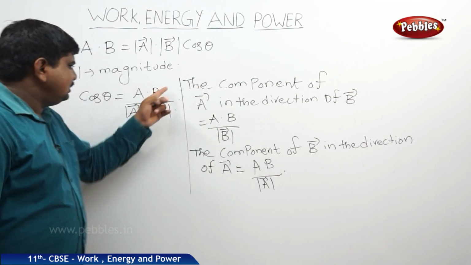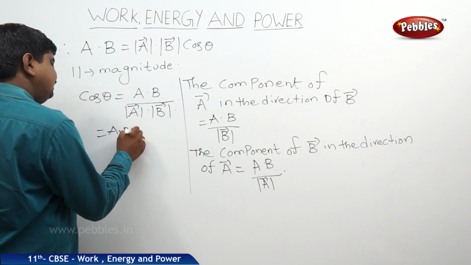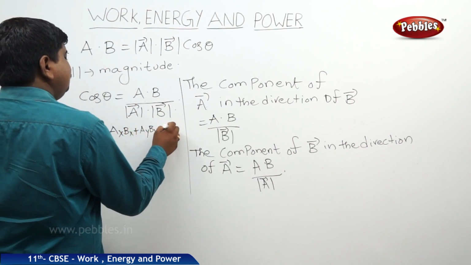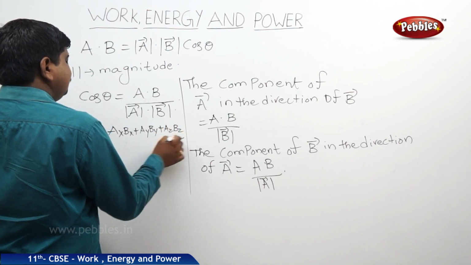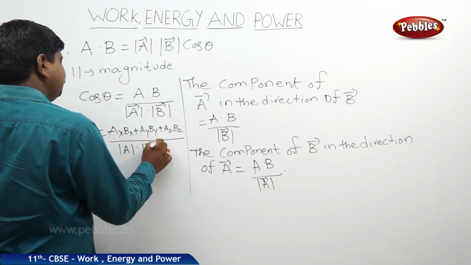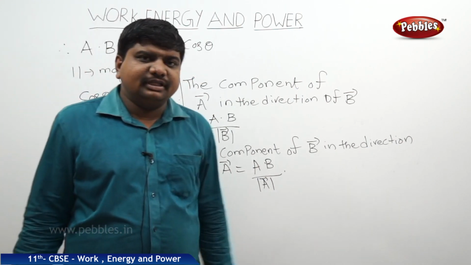This A dot B by mod A mod B you can write like this: AX BX plus AY BY plus AZ BZ by mod A into mod B. So these are the rules to be followed in the scalar product.